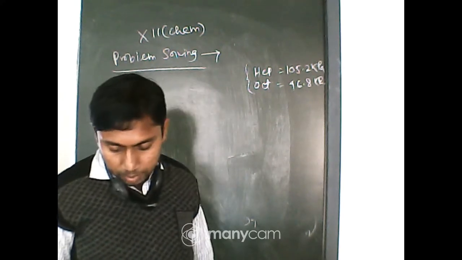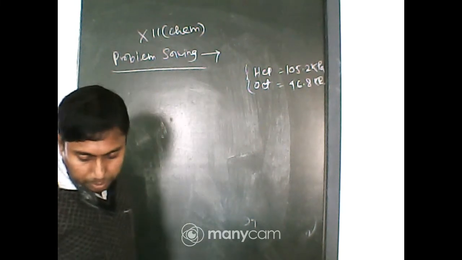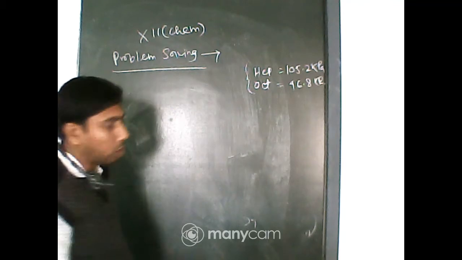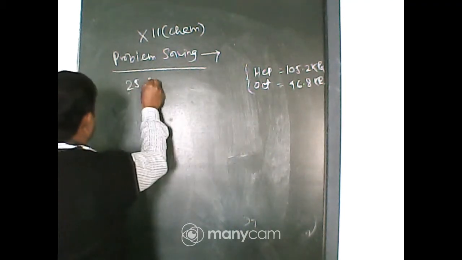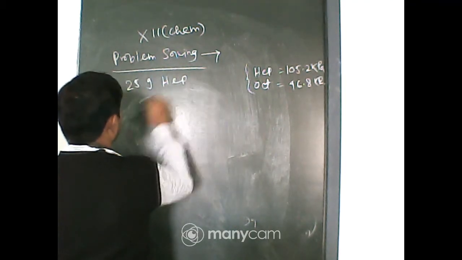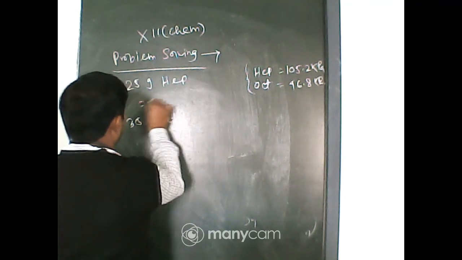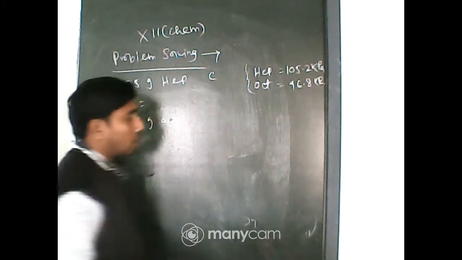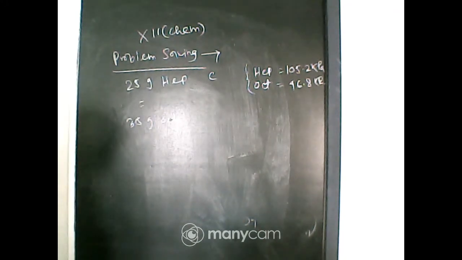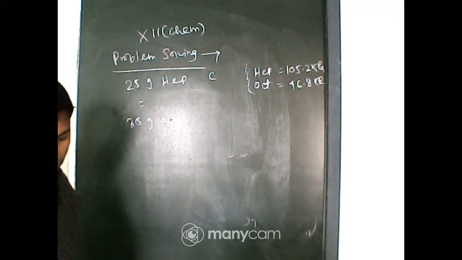Now next one, 25 gram of heptane and 35 gram of octane is mixed. Now what is the molecular formula for heptane?